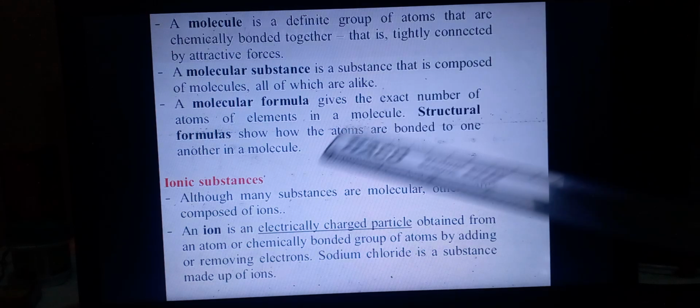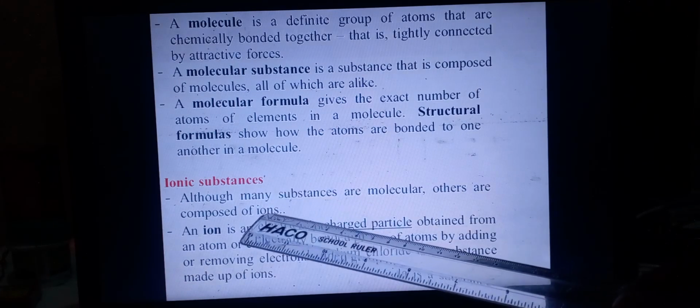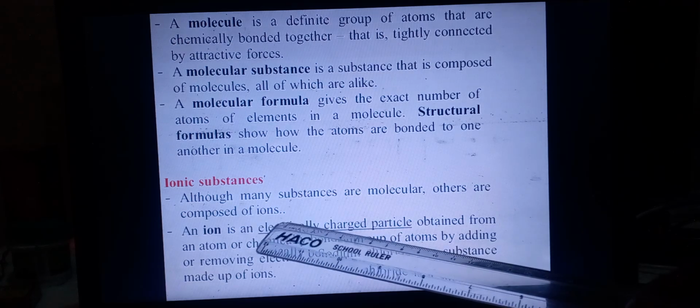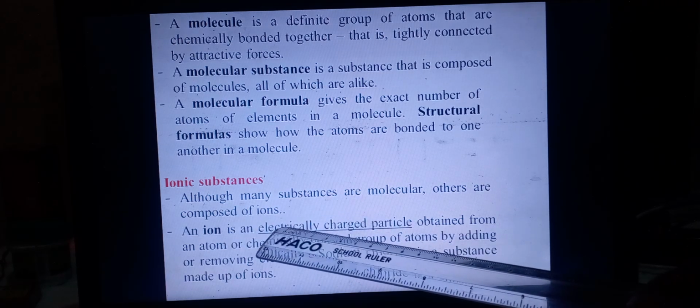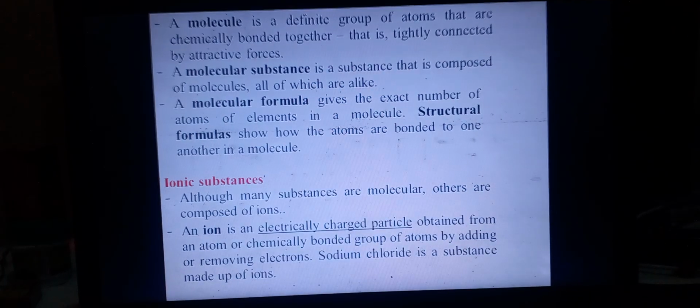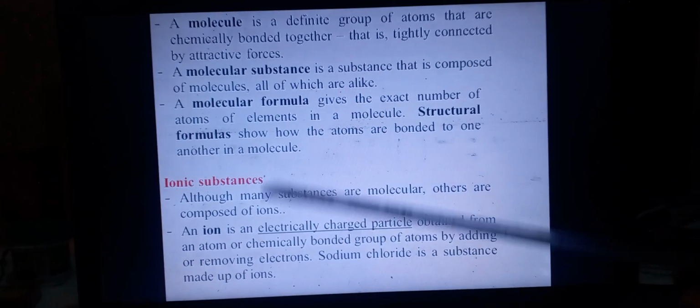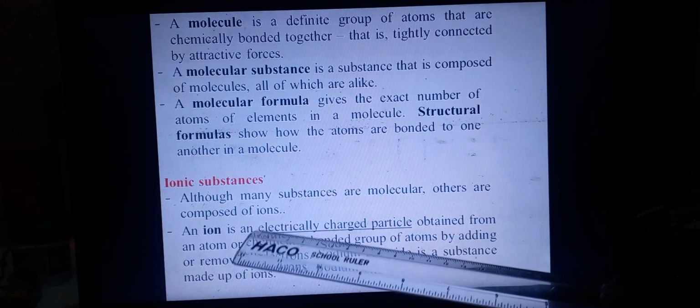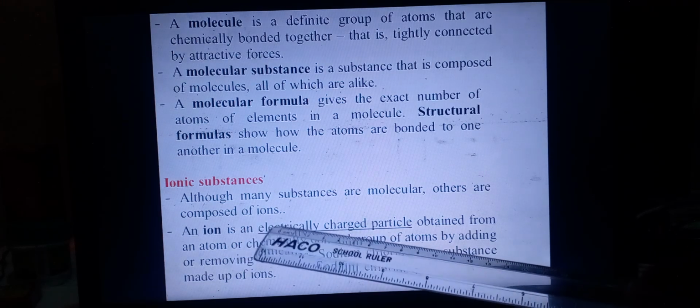Then we move forward and look at ionic substances. What are ionic substances? These are substances which are composed of ions. For example, sodium chloride is an example of an ionic substance. And we said in sodium chloride, sodium ions are normally positively charged, while chloride ions are negatively charged.